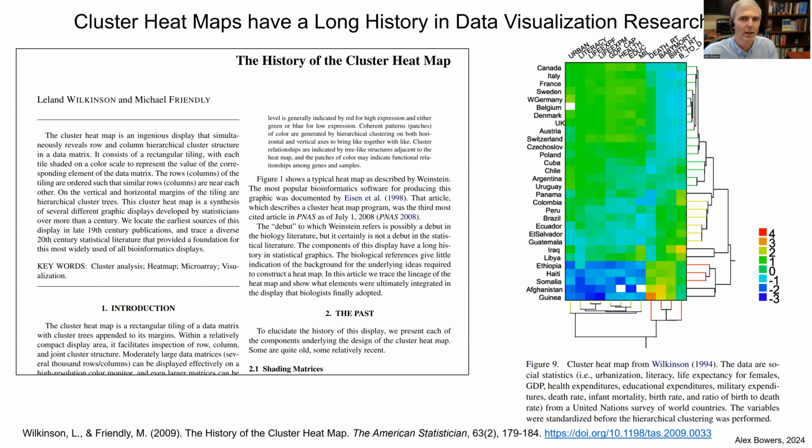You can see in this cluster analysis heat map from 1994 really strong clusters that basically pattern the world into the OECD countries and then the non-OECD countries. And it's also an example of clustering on both the rows and the columns.